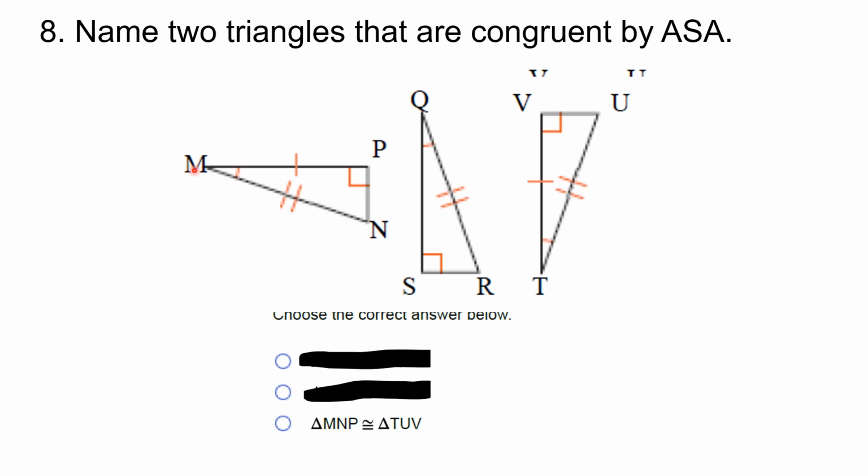M for the triangle on the left is the one that has our congruent symbol labeled there, so that one comes first. Let's make sure that the one that's labeled over here comes first. That's T, and that one does come first. So that checks out. Those 2 triangles are congruent by angle side angle, and we have now named them.